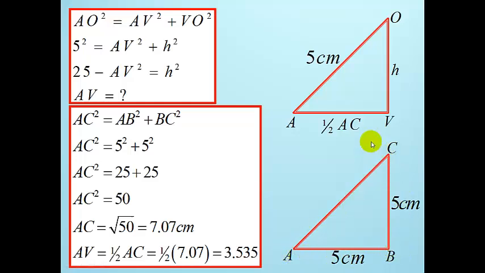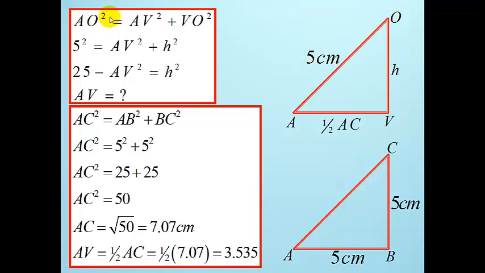Now, let's first consider the triangle with the height as one of its sides. We have triangle OAV. OA is 5 centimeters, OV is H and AV is half AC. Now, it's a right angle triangle. So from the Pythagoras theorem, AO square is equal to AV square plus VO square.